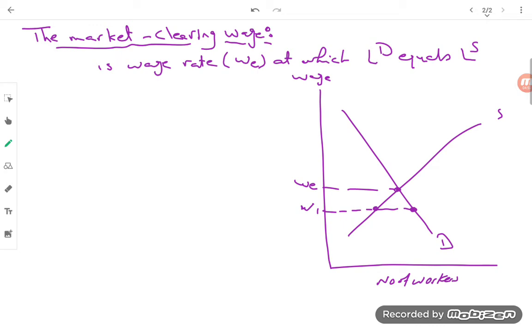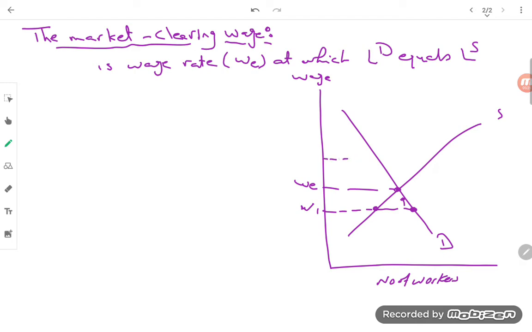Demand is greater than supply, so there is a shortage in this market. And in this case, there is market adjustment from employers and demanders, and the wage rate is going to increase.